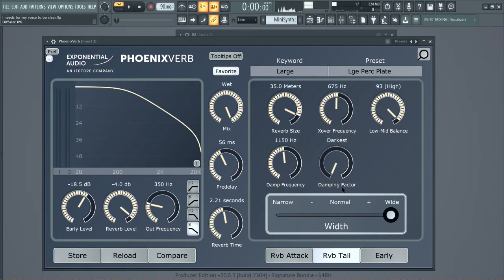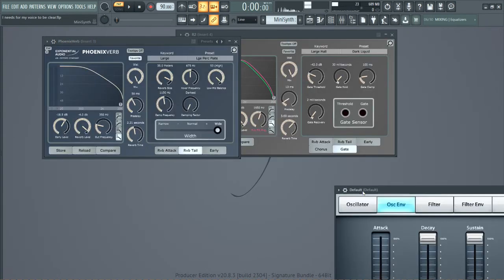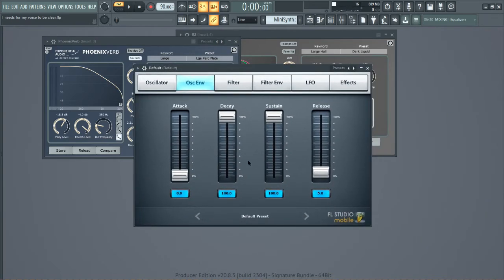So the next thing is the Reverb Tail. So to demonstrate this, I'm going to use the mini synth again. So let's say we have a sound that starts immediately or has whatever attack time. The tail is the part of the reverb you hear that decays over time.